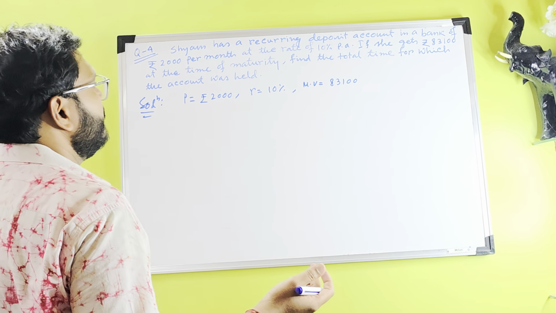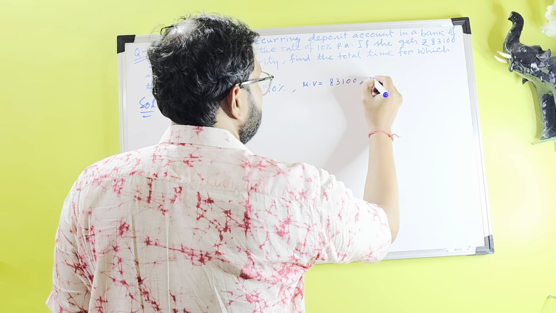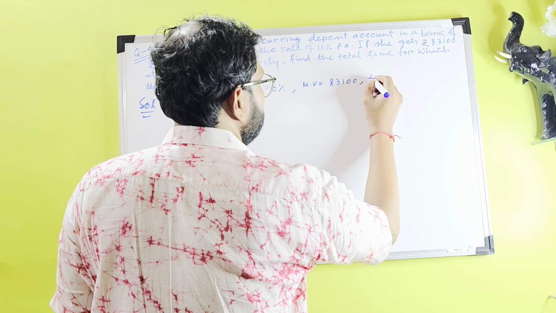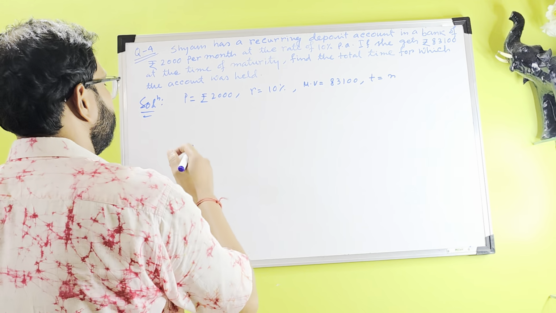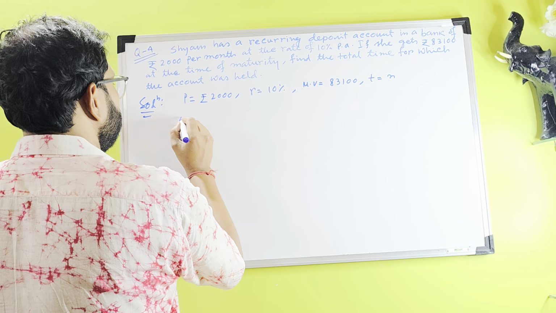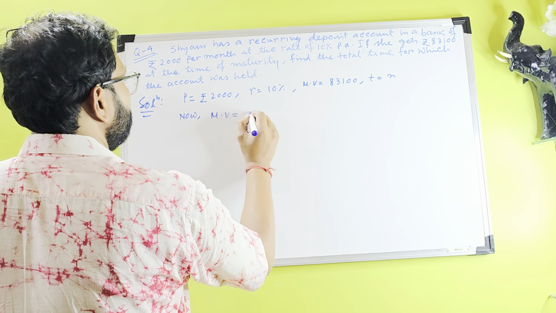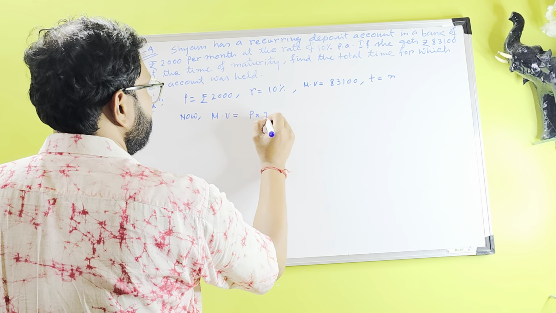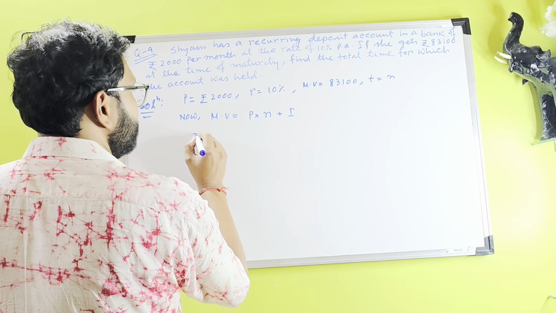Now we have to find the time. So let t equal to n. We know that n months, MV equals P into n plus I.